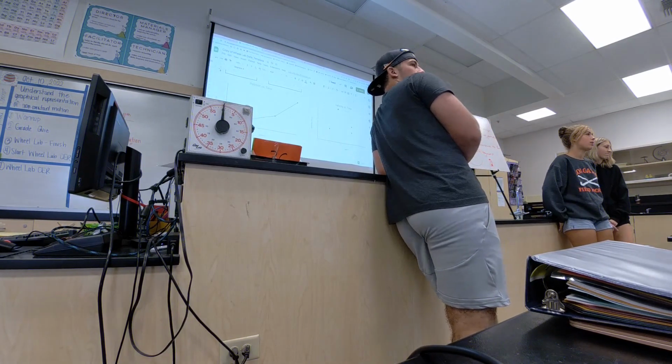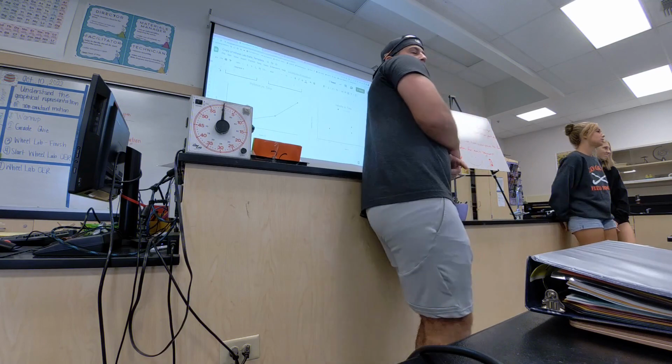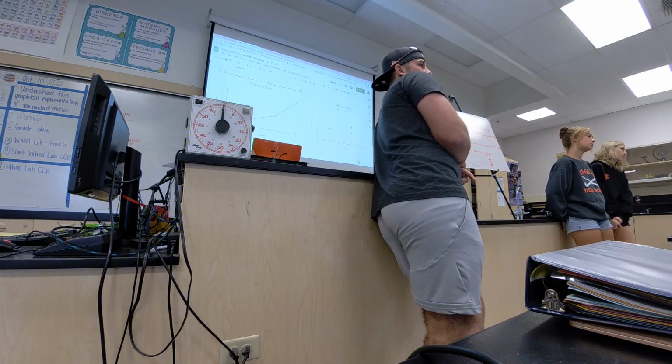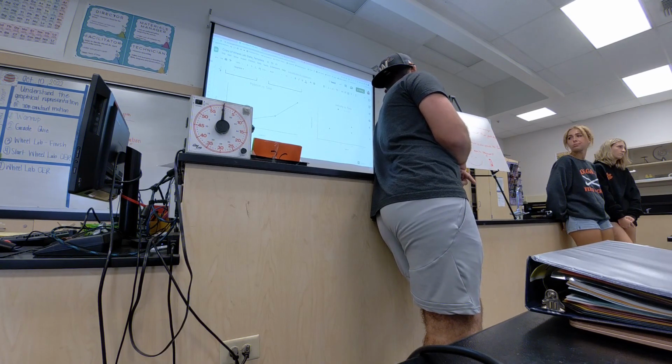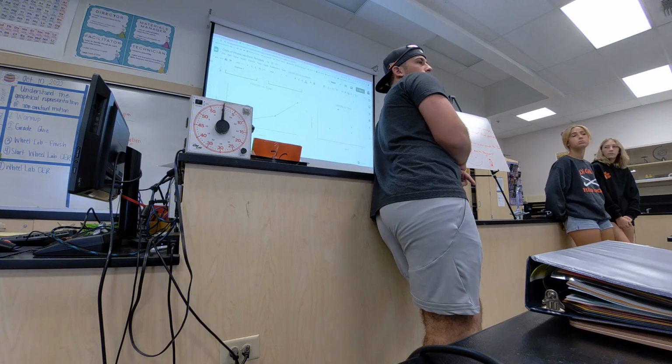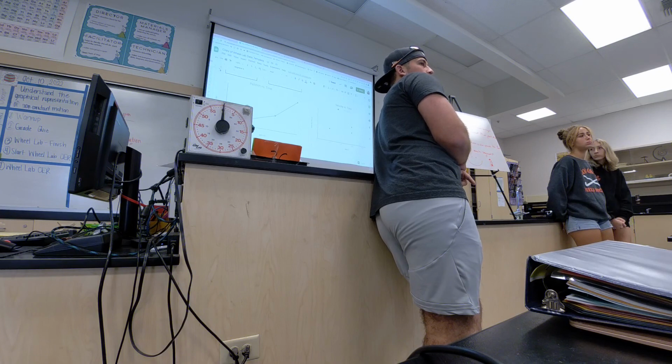Good. We have 10 different position time data points, and you need to take pairs of values to get one velocity data point, right? So for every 2, you get 1. If I have 10, I get 1 less than 10. That's how you end up with 9.